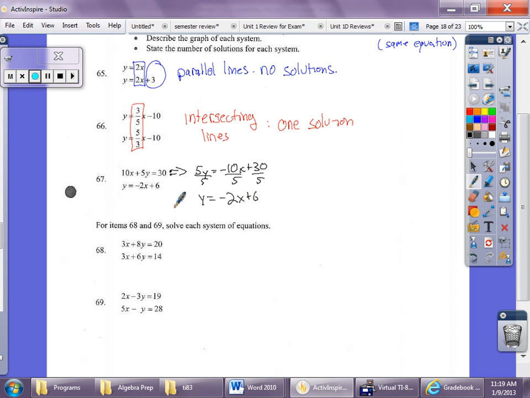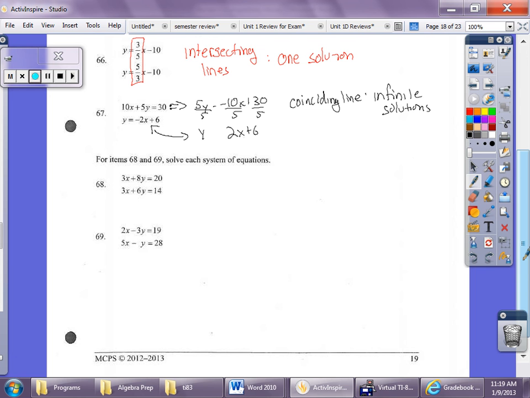So when we look at these two lines, we notice they have the same slope and they have the same y-intercept. So these are coinciding lines, and they have infinite solutions. They're the same line. Y equals negative 2x plus 6 and y equals negative 2x plus 6.